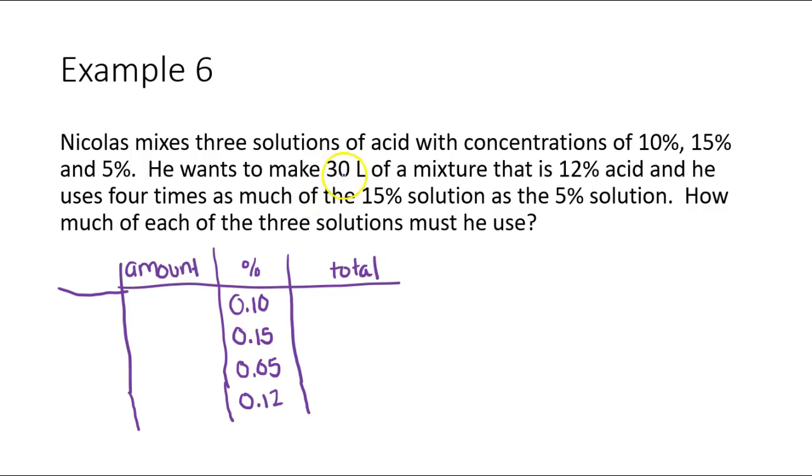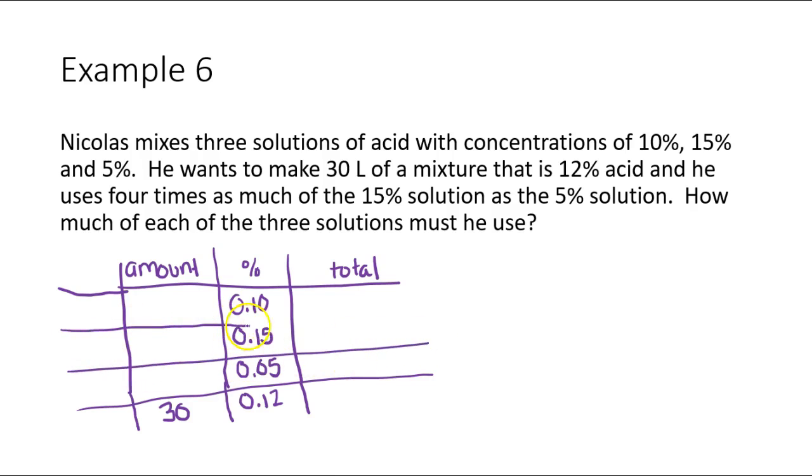Now I know I want to have 30 liters of the 12% solution. And I know the total over here is going to be 30 times 12%, which is going to give me 3.6. So 3.6 liters of that 30-liter solution is actually acid.